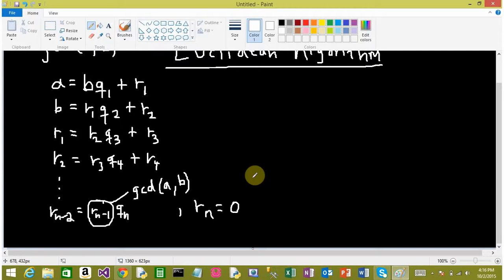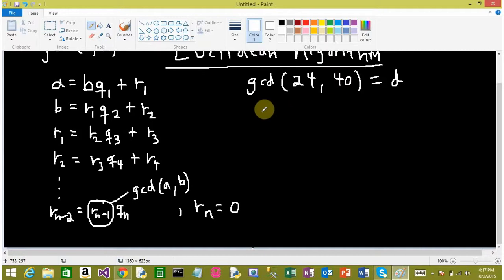And so let's do an example where we want to find the GCD of these two numbers, 24 and 40. So I want to find what that value is, the greatest common divisor D, the GCD of 24 and 40.